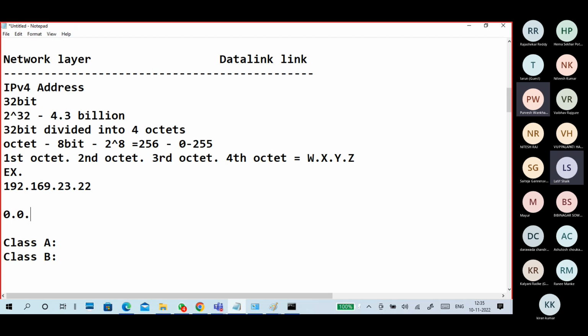The IP address range starts with 0.0.0.0 and ends with 255.255.255.255. This is the total range of IP addresses, starting here and ending here.